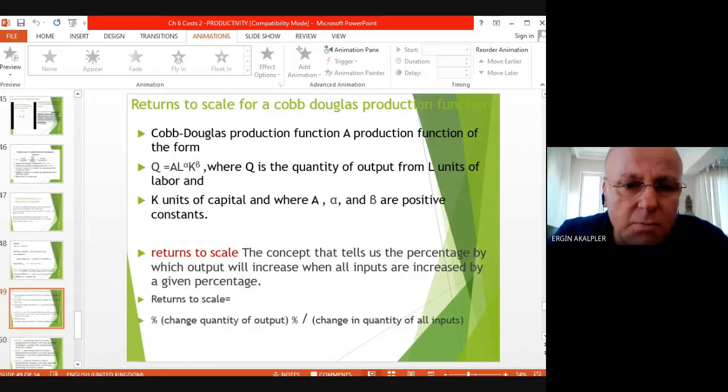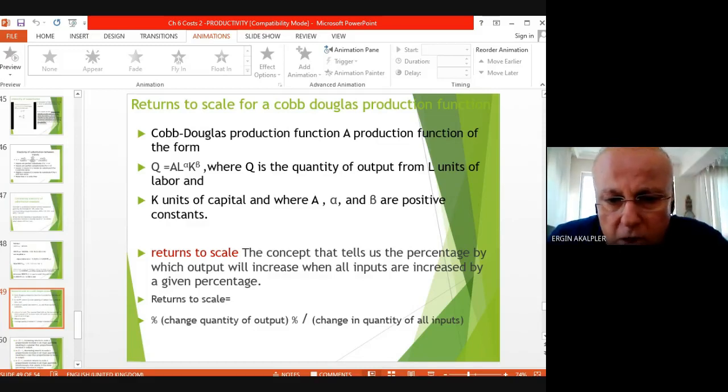Consider a Cobb-Douglas production function of the form Q equals A L to the power of alpha K to the power of beta, where Q is the quantity of output from L units of labor and K units of capital, and where A, alpha and beta are positive constants.